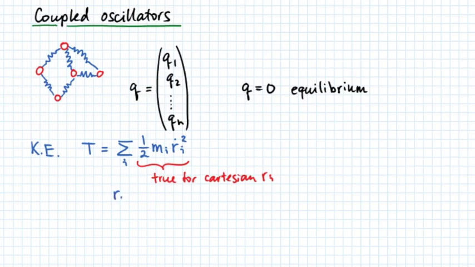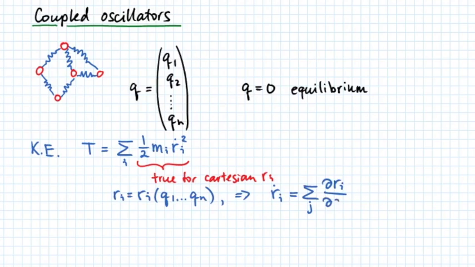What we have in this case is that Cartesian coordinates can be expressed in terms of generalized coordinates. Therefore, using the chain rule, we can write the velocity of Cartesian coordinate r sub i to be given by the sum over index j of the partial derivative of r sub i with respect to generalized coordinate q sub j times generalized velocity q sub j dot.